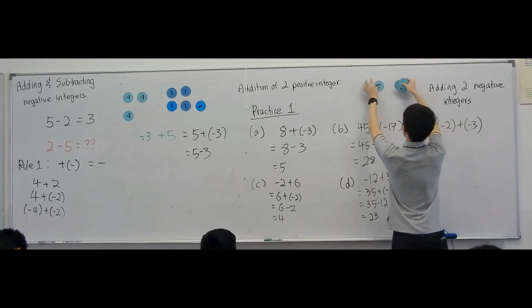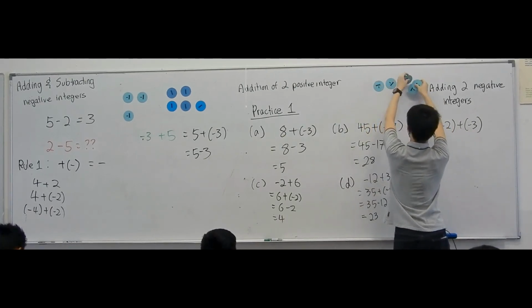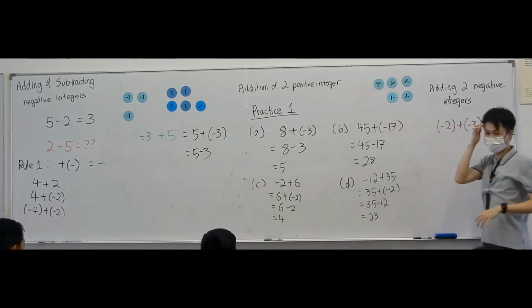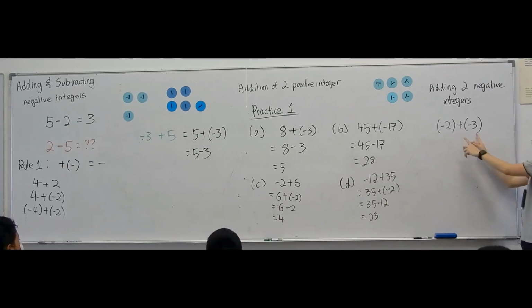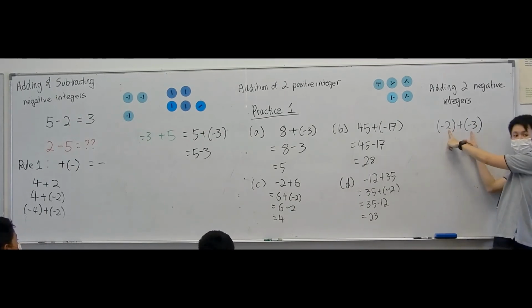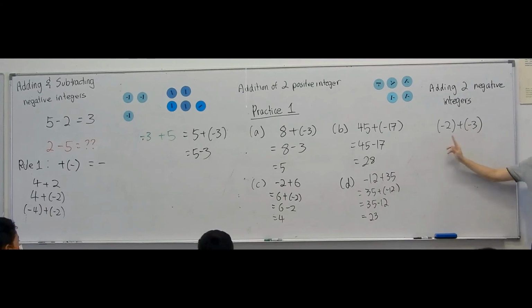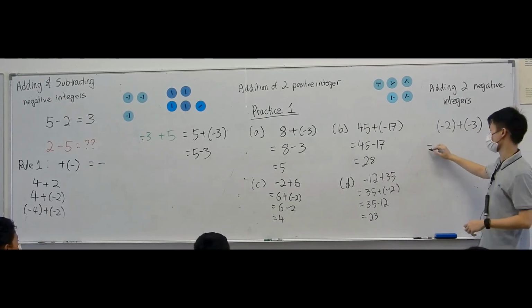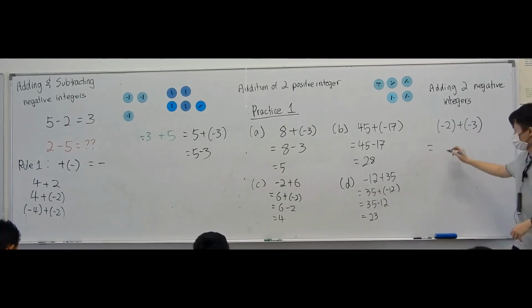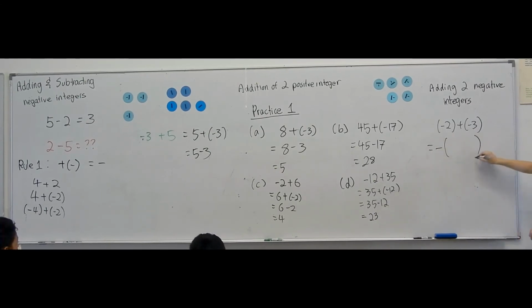We have 1, 2, 3, 4, 5, correct? Now, this is as simple as just adding the numbers. If I don't care about the negative sign of each number, I can just add the numbers together. So what I can do is this is simply equal to negative bracket.